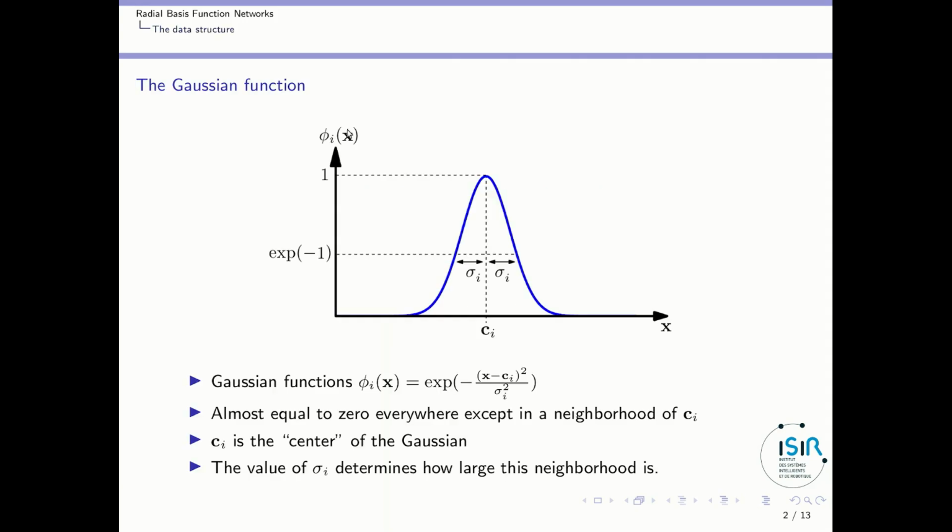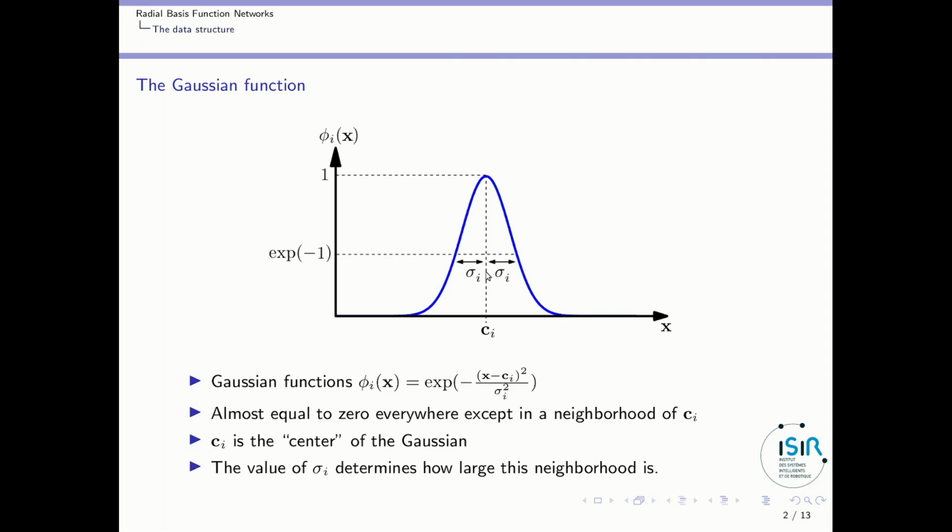Anyways, first I want to explain the Gaussian function, because radial basis function networks often use Gaussian functions. So what's the Gaussian function? It's defined mathematically in this way, where x here can be a vector. That's just the exponential of the square distance between x and a center divided by some width, okay?